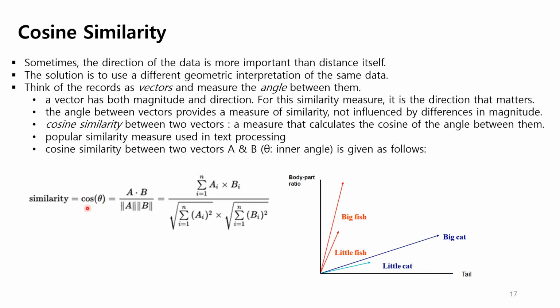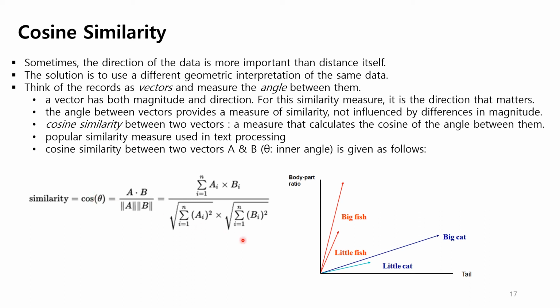If you look carefully here, if this angle is very small, then the cosine similarity is close to 1, right? So similarity is almost 1.